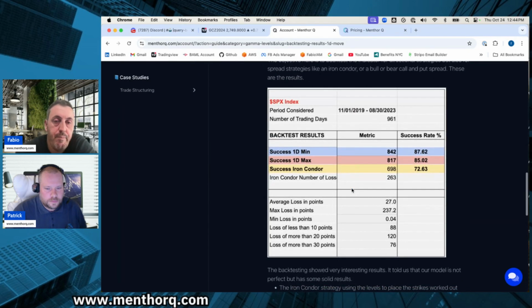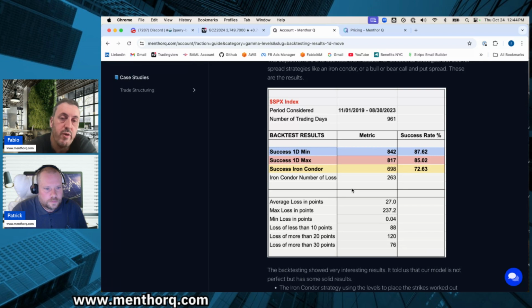Essentially, the goal here is to forecast if the price over the next day stays within the 1-day max, so above the 1-day minimum, or below the 1-day maximum, or if it stays between both ranges.